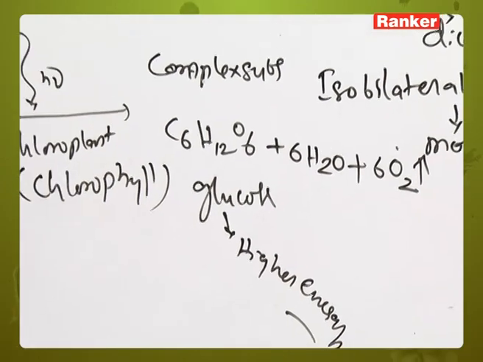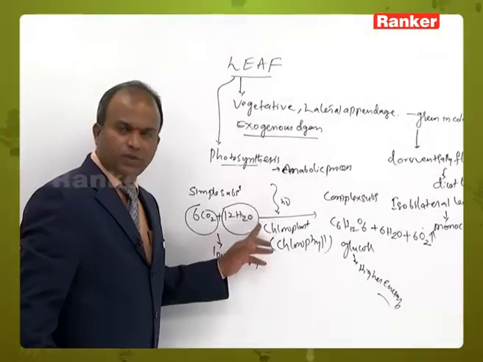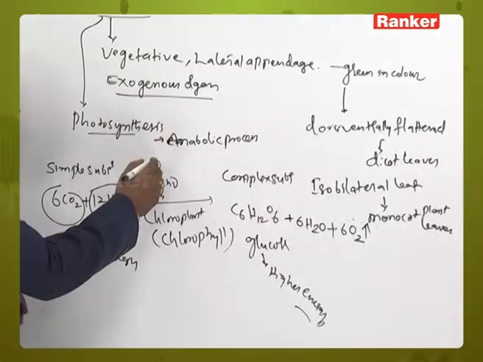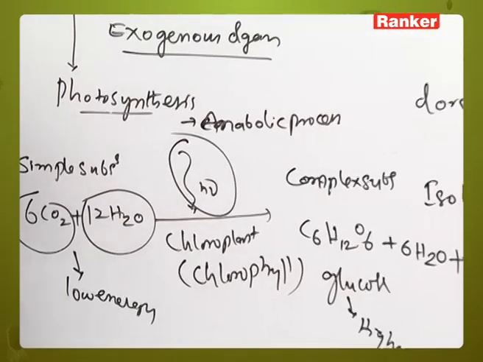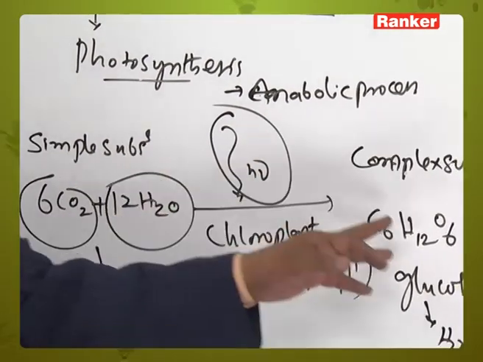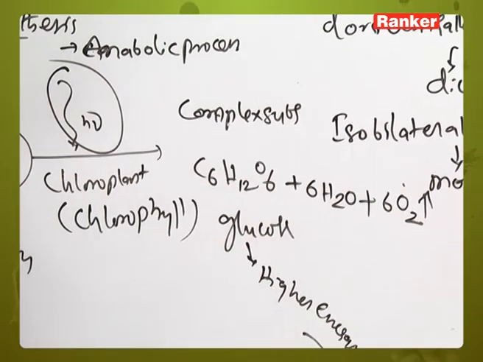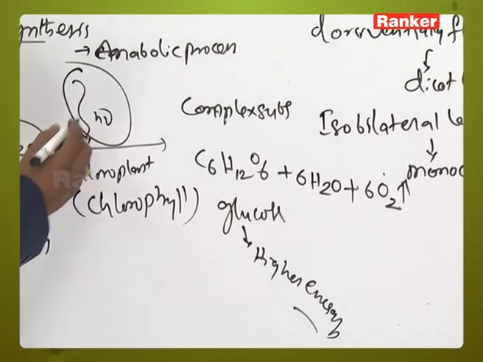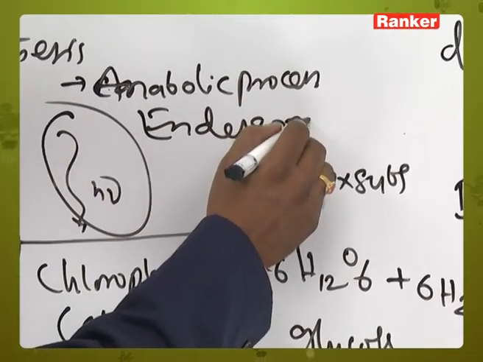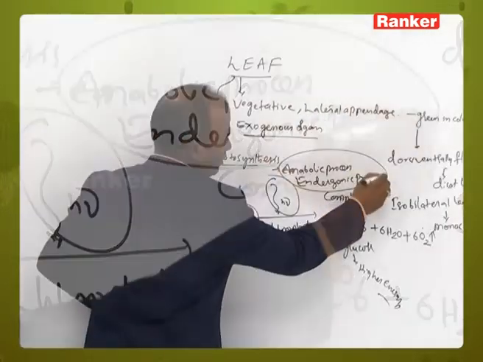Because during the conversion, in the middle of the reaction, energy is absorbed in the form of sunlight. That energy is utilized to convert into the high energy compound glucose. So it is called an endergonic process.